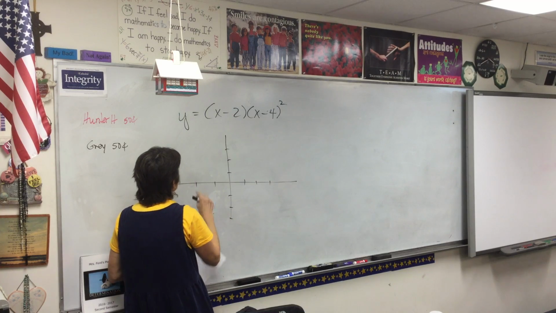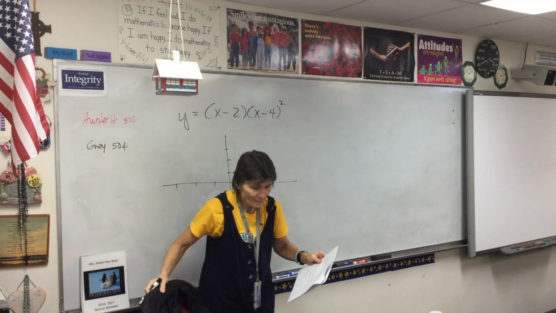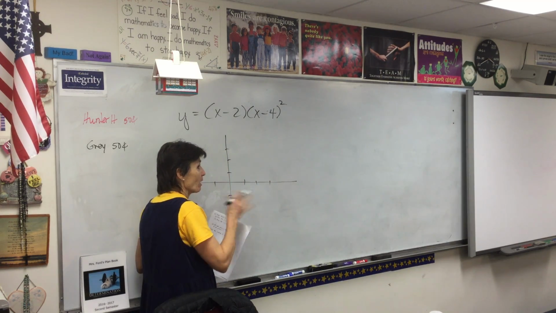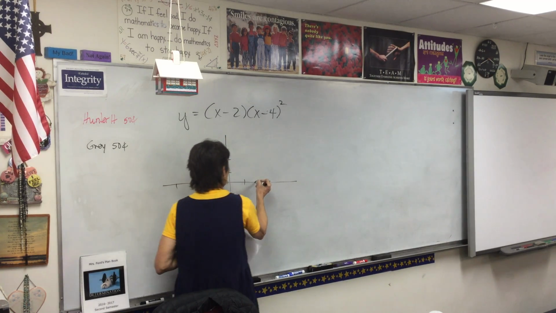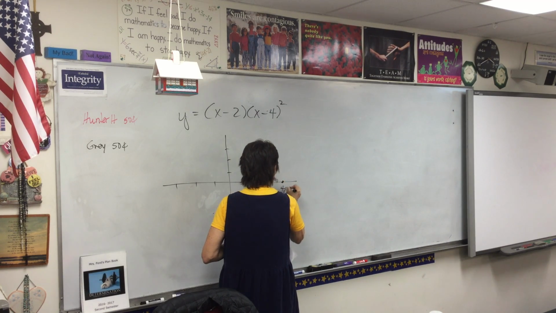And it says, find the x-intercepts. What's the other word for x-intercepts? Zeros. And it's where we cross the x-axis, right? And those come directly from the factors, so that's easy. I've got one at 2, and I've got one at 4.